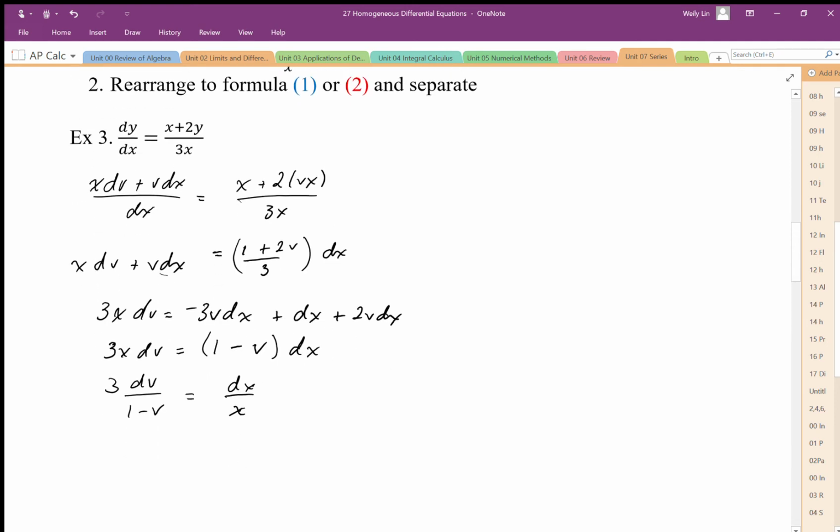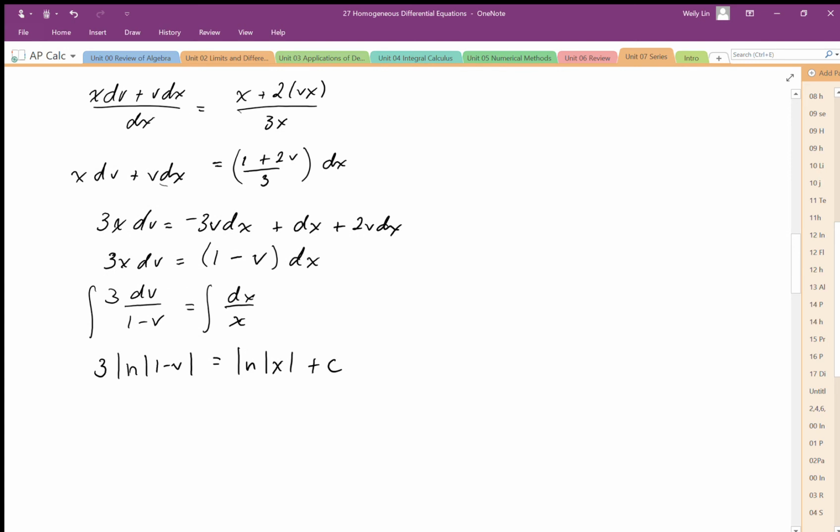Okay, so separate, integrate, I get log 1 minus v is equal to log of x plus c.